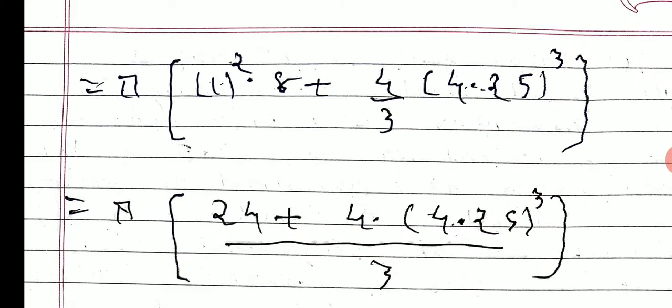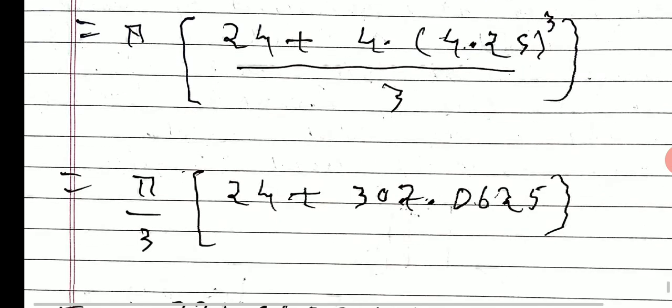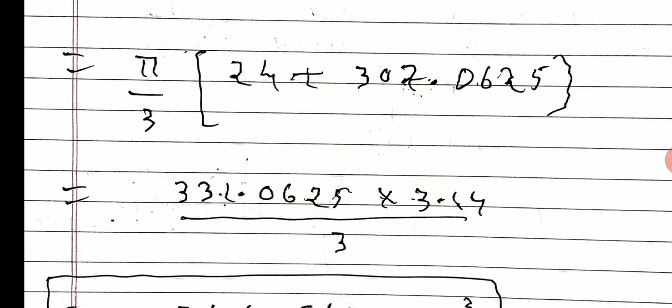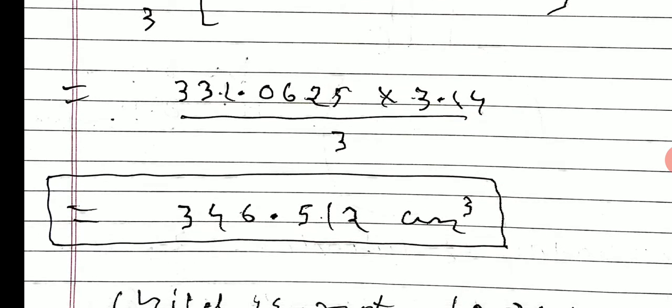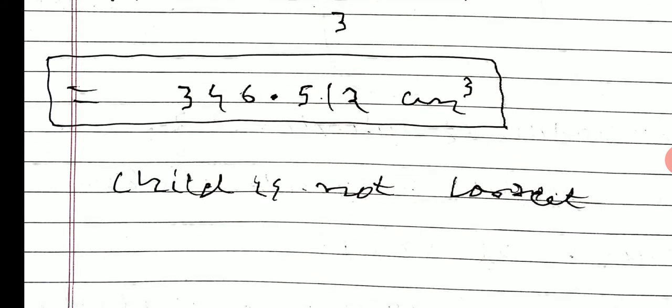Then pi into 24 as 8 3s are 24 plus 4 into 4.25 cube whole upon 3. Then pi by 3 into 24 plus 307.0625. Then 331.0625 multiply 3.14 upon 3. Then our answer is 346.512 centimeter cube. So child has measured 345 centimeter cube. So child is not correct.